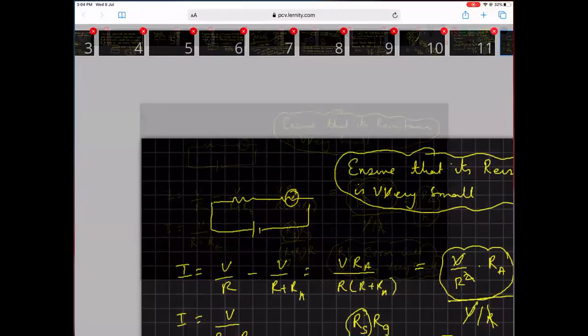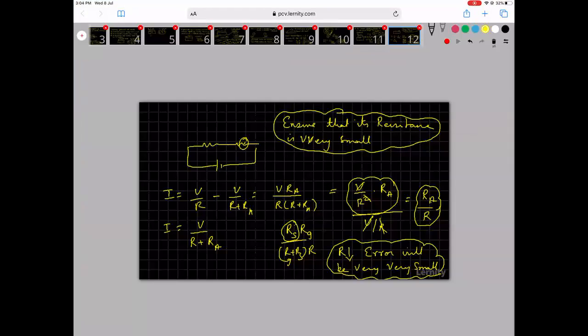So this covers the concept of voltmeter and ammeter. Again, I have not discussed 100 percent. We can do some more questions on the inner aspects of it.